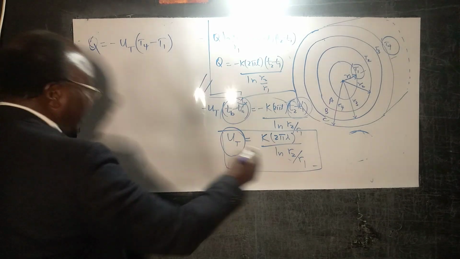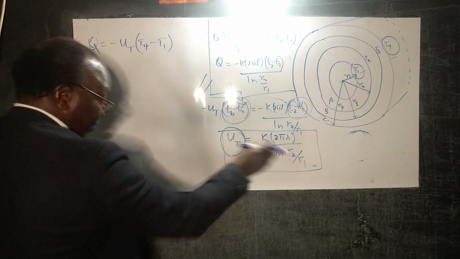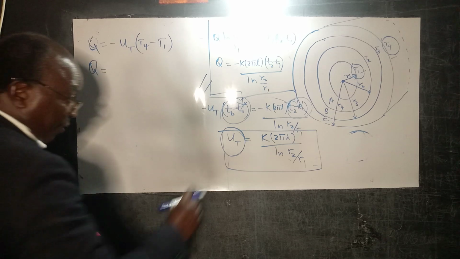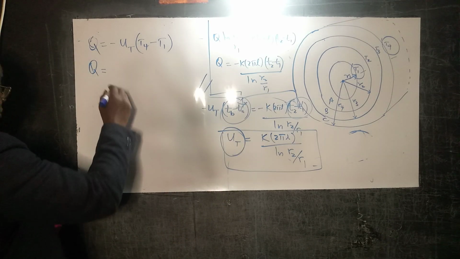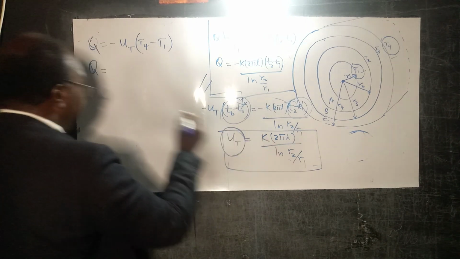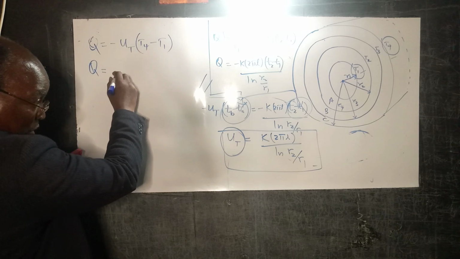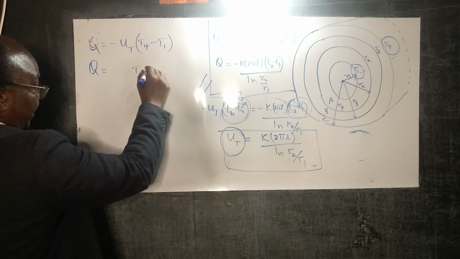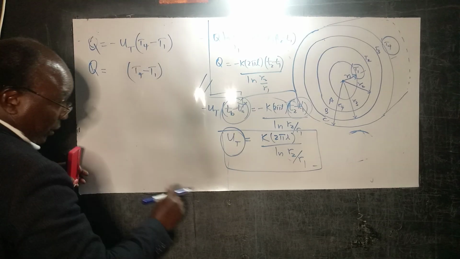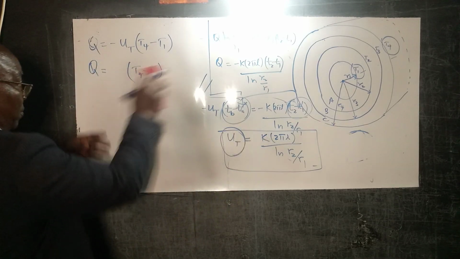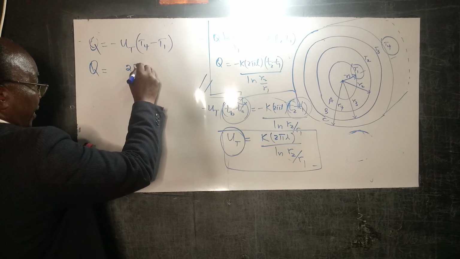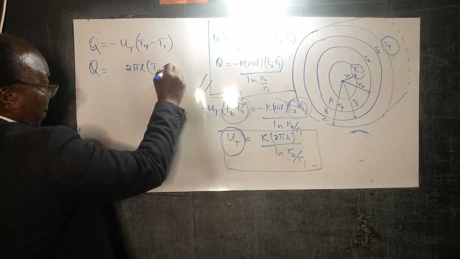And so if we factor in these quantities, the overall heat transfer in that system will be given by T4 minus T1 times 2 pi L into T4 minus T1.